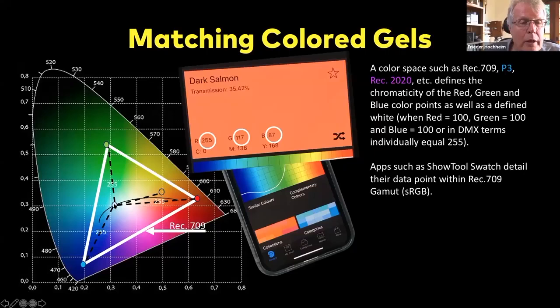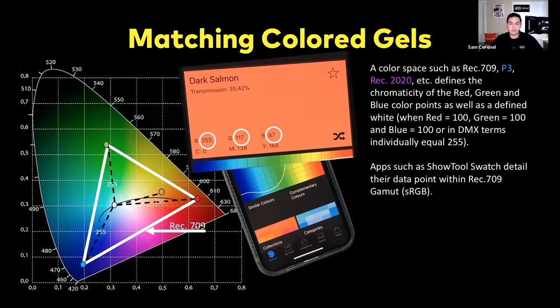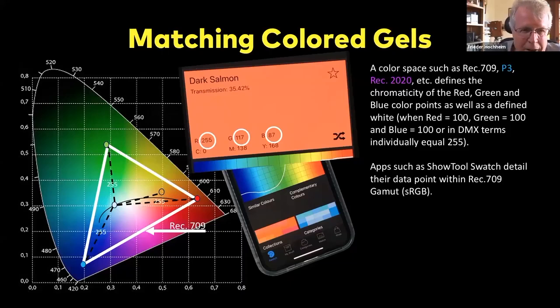So this color point here, instead of it being daylight, we can shift it over into the warm zone, or we can actually elevate it. This, what we call a floating white point, is a really unique feature, so that it's easy for us to match up a color gel that we've modeled. And again, as long as it's within the capability of our gamut, we'll hit those color points no matter what your Kelvin is. So you can actually measure your tungsten source, and it'll be a pretty close match.